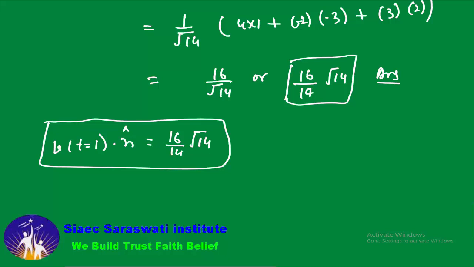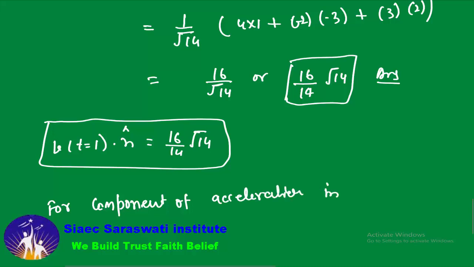So for the component of acceleration in the given direction, that will be vector a at t equal to 1 second dot with n cap.